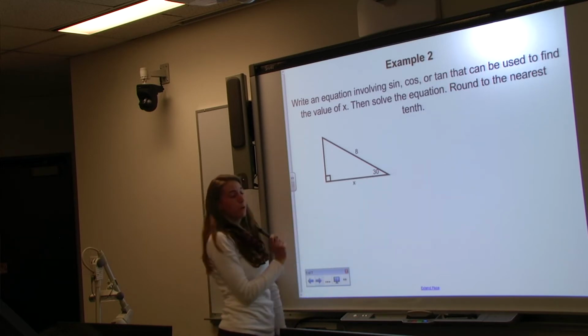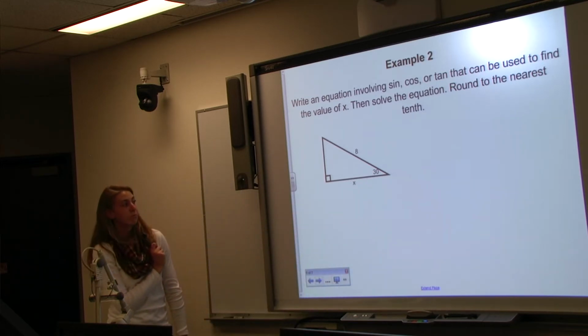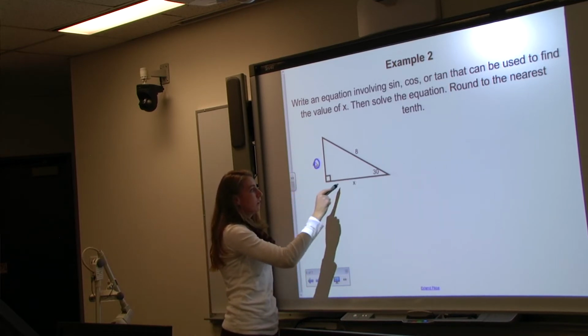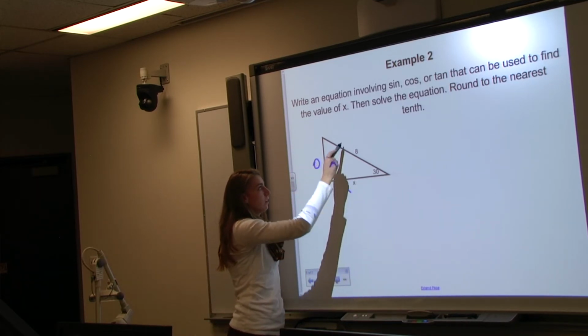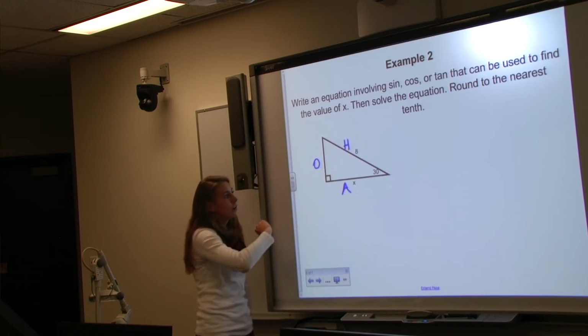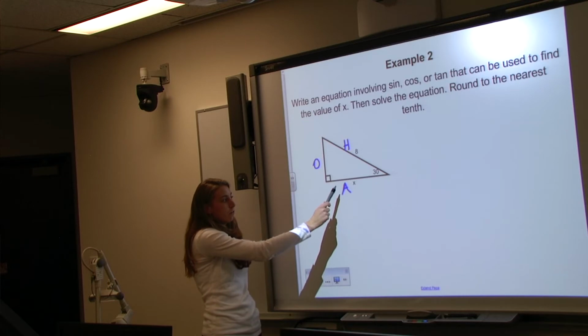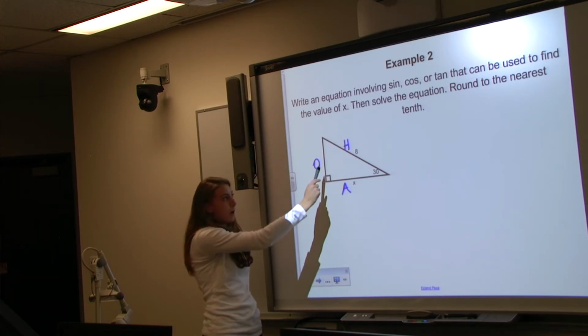And I have this one value here. It's 30. So that means this would be my opposite. This is my adjacent. And this is my hypotenuse. And if I know these two values, I can figure out my adjacent and my hypotenuse.